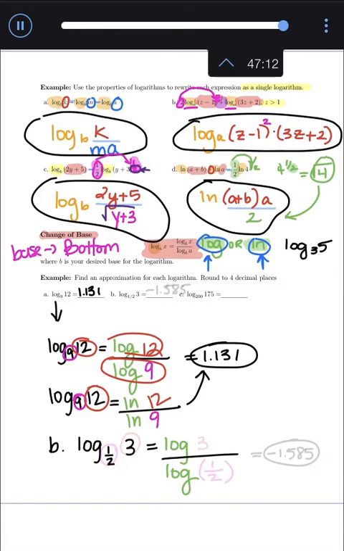You can't mix and match, but you can use all log base 10 or all natural log. It doesn't matter. Okay, so the one that goes on the bottom is the base. So the 1/2 will go on the bottom inside of that log, and then the 3 will go on the top. So when I type this into my calculator, I'm going to do log of 3 divided by log of 1/2.